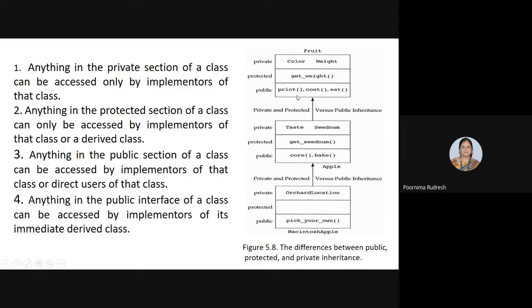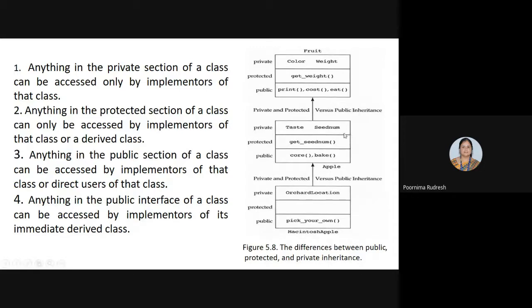Here for the fruit class, print, cast and eat are declared in the public area. Similarly, core and bake are present in the public area of apple, and pick your own is present in the public area of Macintosh apple. So according to the fourth point, the public interface of a class can be accessed by implementers of its derived class.